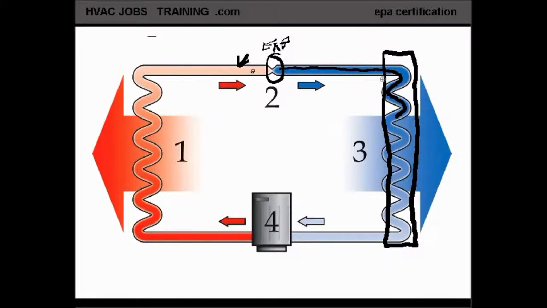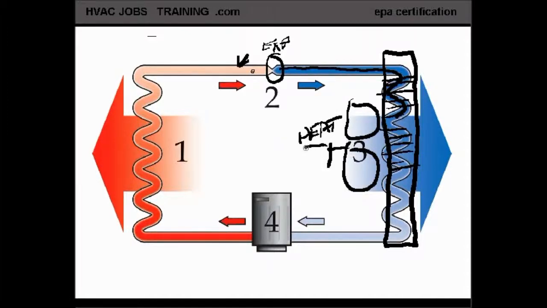And this evaporator coil is constructed with aluminum fins all across this copper tubing, and the heat from the building is blown across this evaporator coil by an evaporator fan blower with a blower motor, and the heat in this air is picked up through this aluminum fin, and it travels to the copper tubing and into the refrigerant liquid, and that heat turns this liquid into a gas.